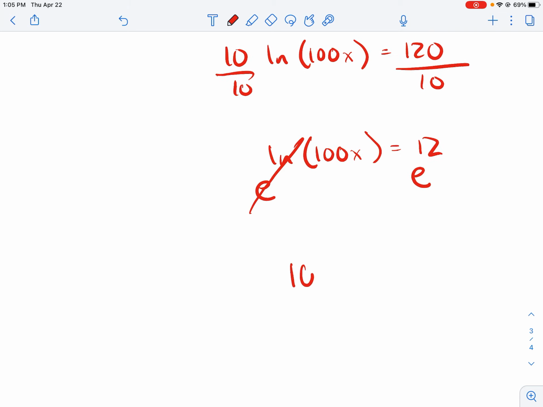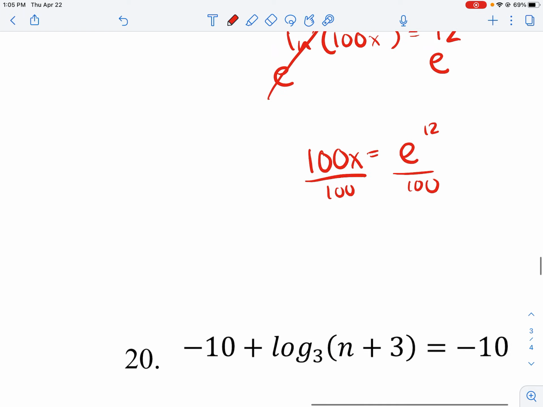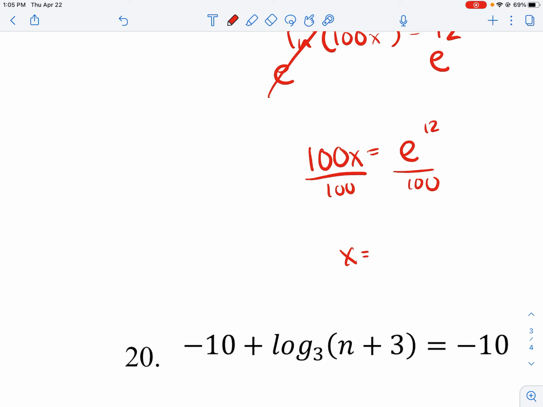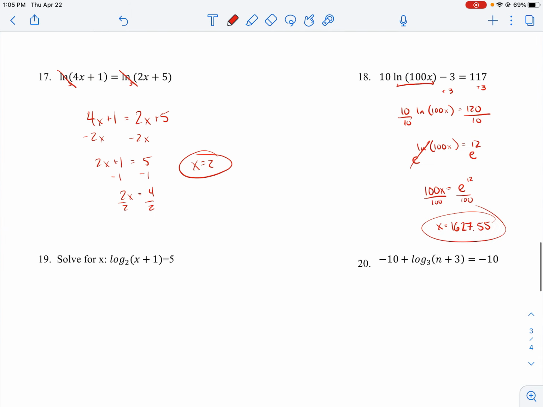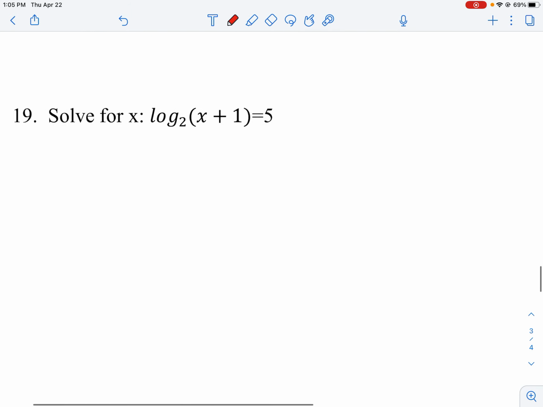That goes away here, so 100x is equal to e to the 12th. Divide by 100, and we get x is equal to e to the 12th divided by 100. It's 1627.55. Gosh, are we almost there?